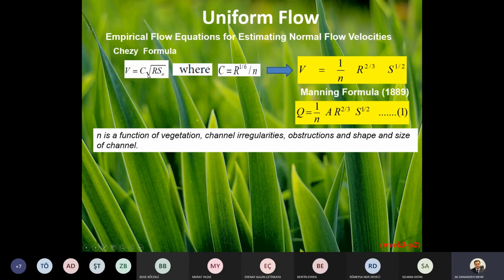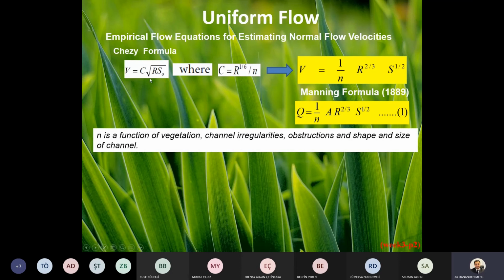So we have velocity equals r to the power of 1/6 over n times the square root of r times s0. We have r to the power of 1/6 outside of the radical sign, and we have r to the power of half here. Okay, we can take r to the power of half and bring it outside of the radical.